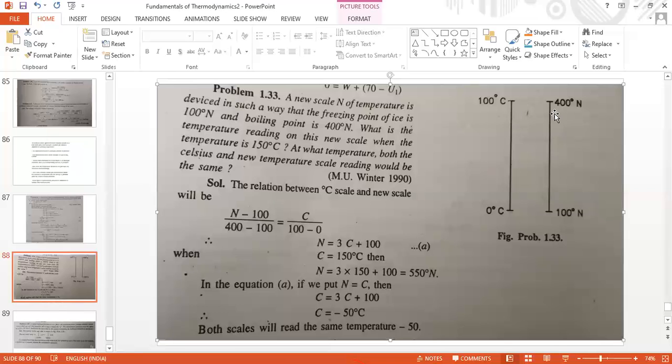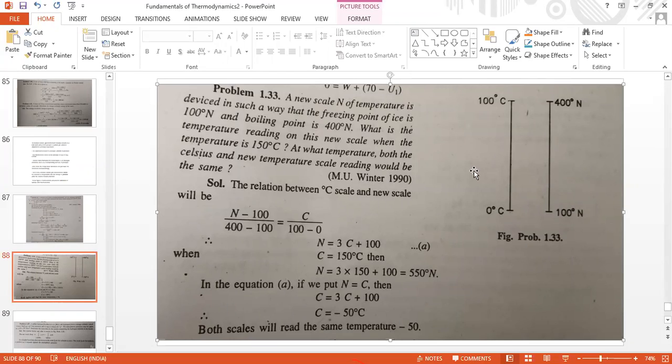I repeat, the correlation is established in a more general mathematical way. For a difference of 100 minus 0, the new scale reads 400 minus 100, and what the actual Celsius difference should be on the new temperature scale is the problem.